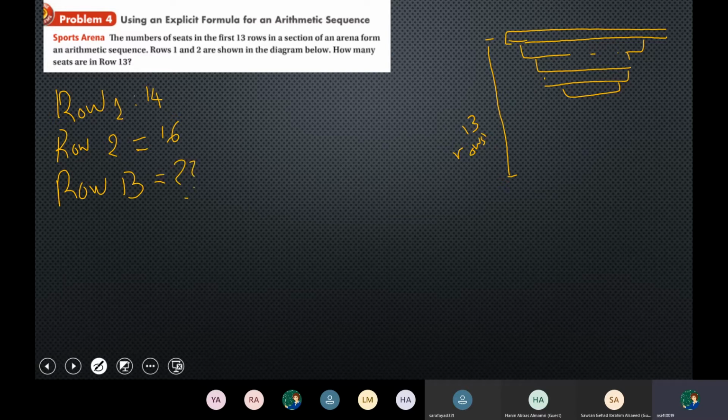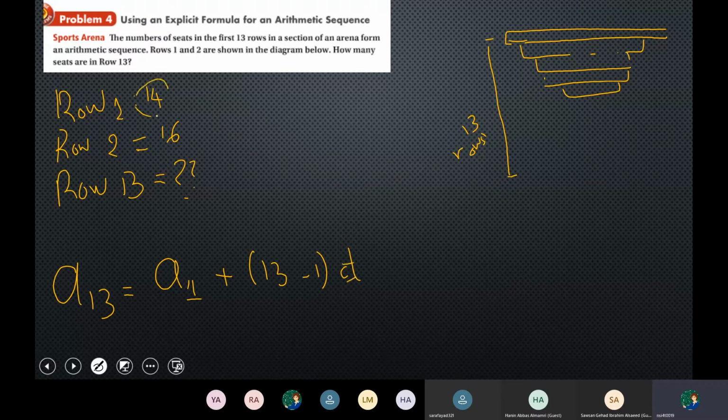Now I want to find a sub 13, which is a sub 1 plus 13 minus 1 times d. I need to find the difference d and a sub 1. A sub 1 is 14. How can I find d?